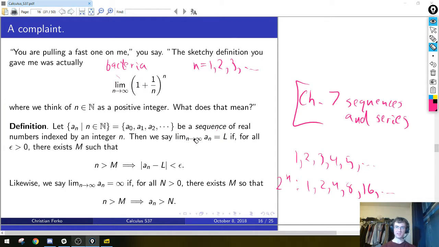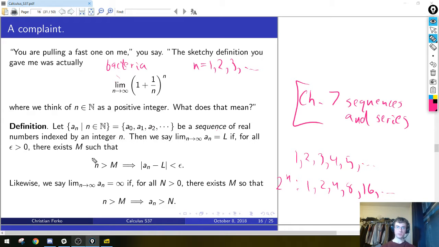The definition is that we say the limit as n goes to infinity of a_n equals L, some capital L, if for all epsilon greater than 0, there exists some large integer m, so that whenever the index in your sequence is bigger than that m, then the number in your sequence will always be within distance epsilon of L. So again, it's just like the ordinary epsilon-delta definition for functions, except now these are sequences.